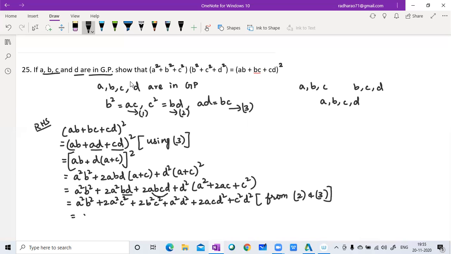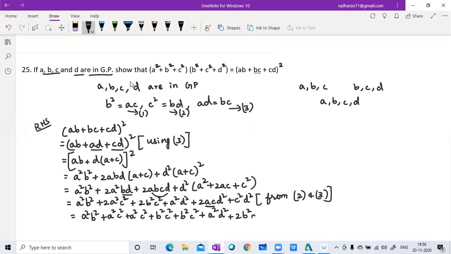That is equal to a²b². And this 2a²c², I am writing it as a²c² + a²c². Similarly, 2b²c², I am writing it as b²c² + b²c², plus a²d² plus 2 that ac I am going to replace with b² from equation 1.